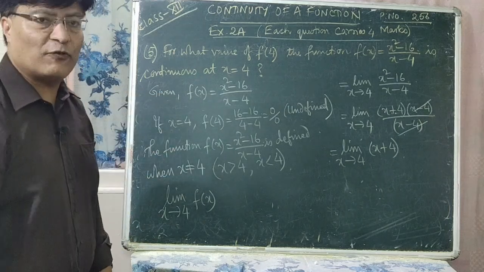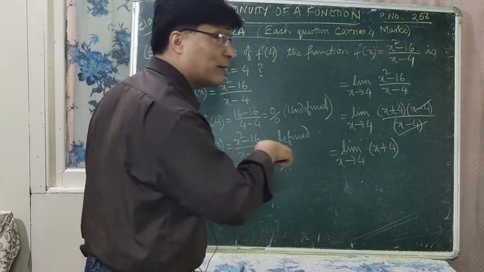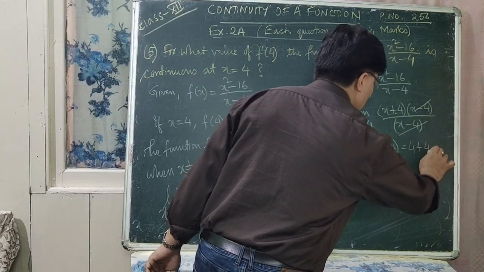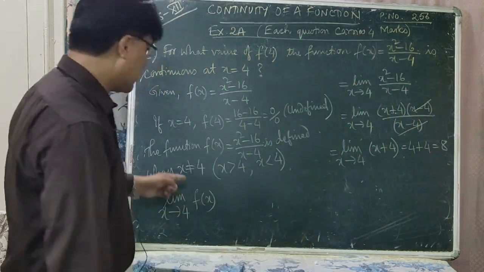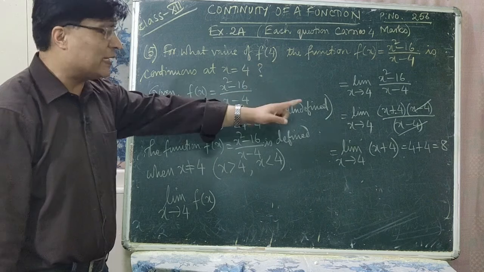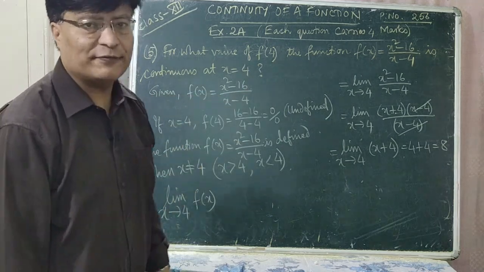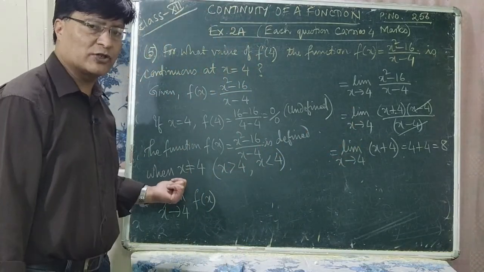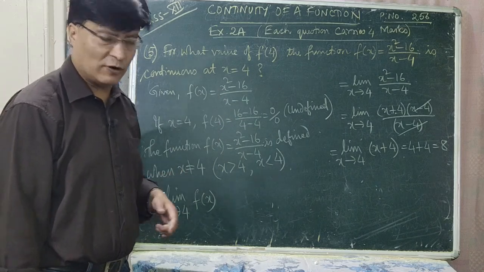Now you can put x is equal to 4 here. So x is approaching 4 means you can put the value for x as 4. So which is equal to 4 plus 4 is equal to 8. That is, 8 is not the exact value of this function f of x, okay, but 8 is the limiting value of this function.